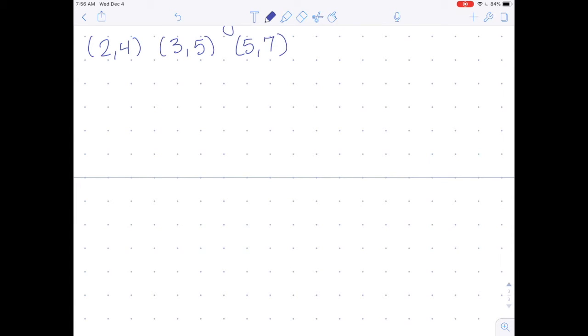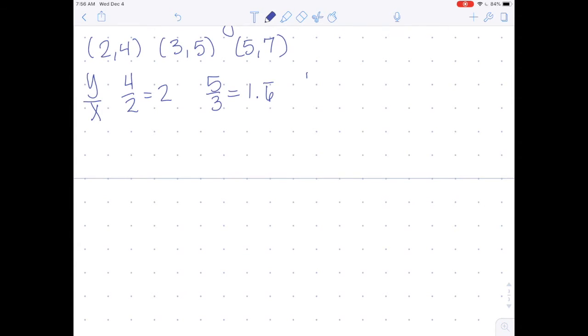Okay, let's check y divided by x. So 4 divided by 2 is 2. 5 divided by 3, let's get a calculator out here. 5 divided by 3 is 1.6 repeating.